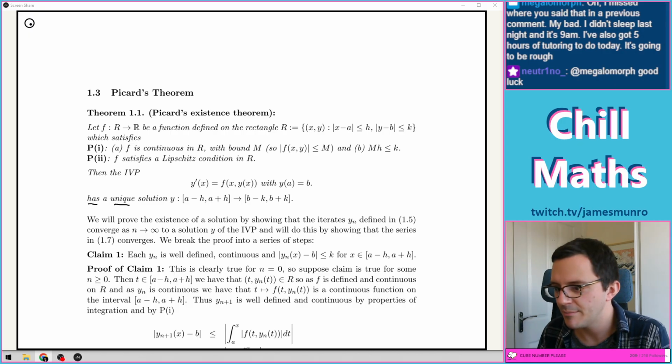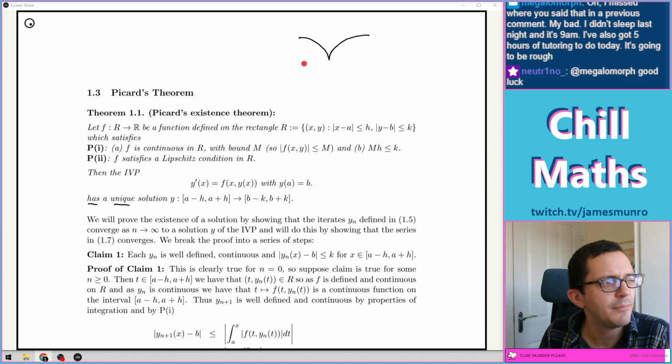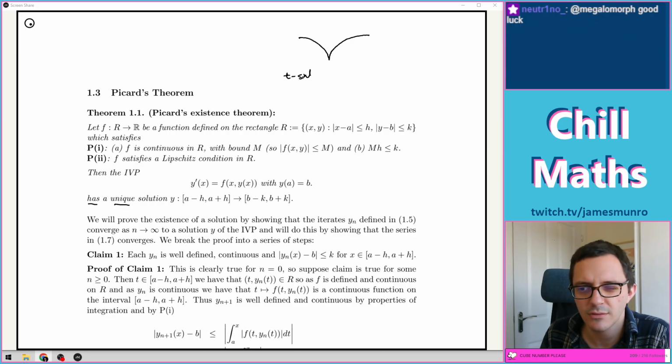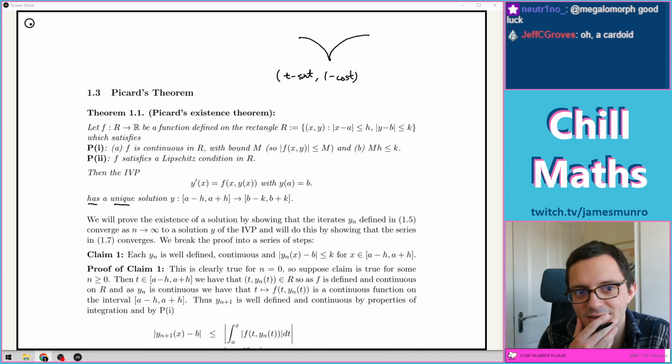There's some more chat. Maths 2 to 2 wants to know about t minus sine t, 1 minus cos t. Oh, I see what you're doing. Sorry, right, got it. Because you're trying to do something a bit like this. I'm not sure I've sketched it right, but maybe you're doing something like this, where both functions are continuous and differentiable functions of t, but the actual shape you get is not good as a function y of x.